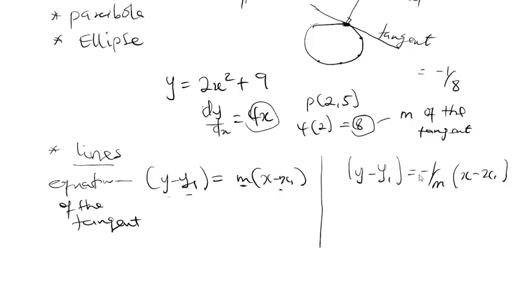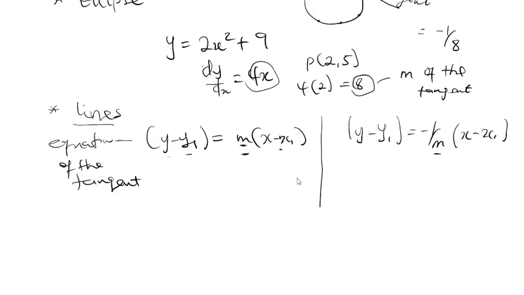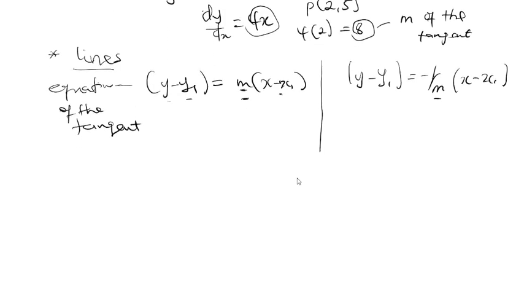So you see that the gradient here is the negative reciprocal of this. So they are perpendicular to each other. So that is that. Okay. So what happens next? When you want to find the equation of that particular tangent, after getting the gradient, you use it together with the point to find the equation.